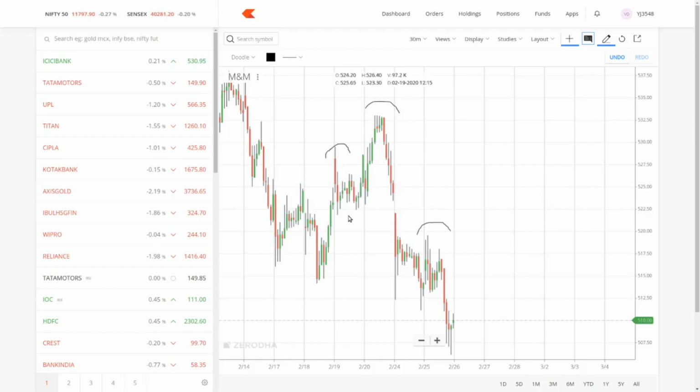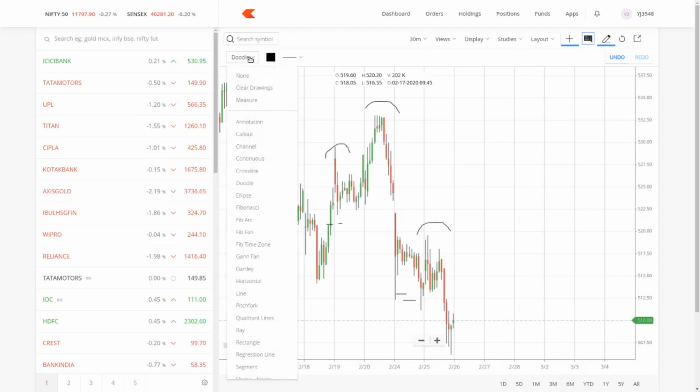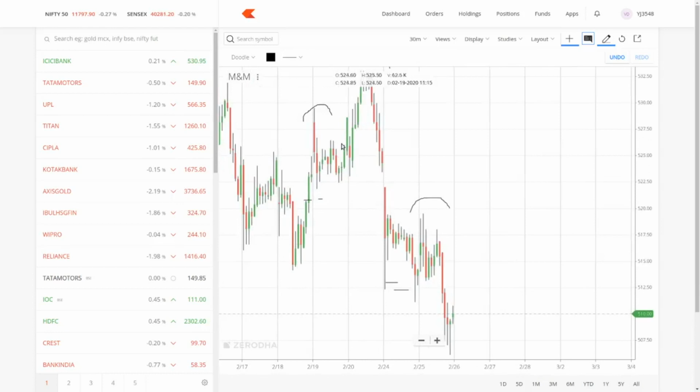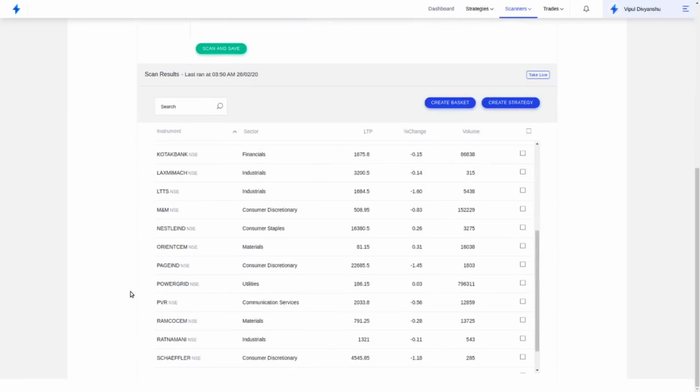Obviously these two levels are not the same, and still it has been identified as a head and shoulders, because this is a much more lenient version and we have not added those conditions. It indicates that even though the trend tried to become bullish, it has become bearish, which indicates the reversal. Now let's look at another stock and see how close that was.